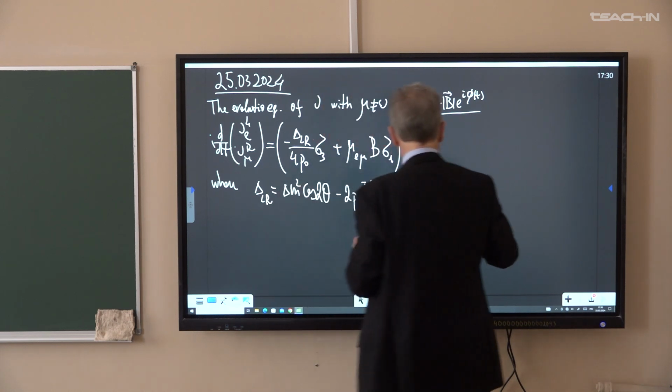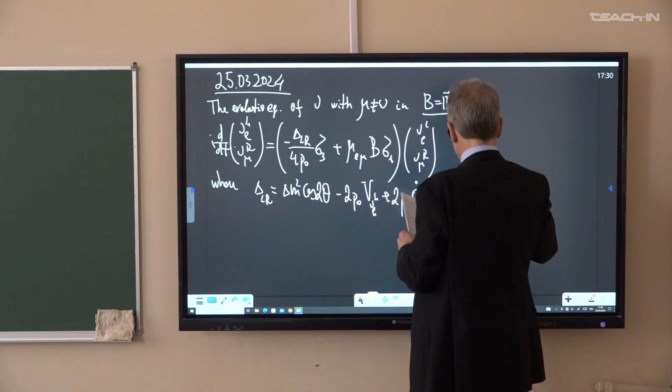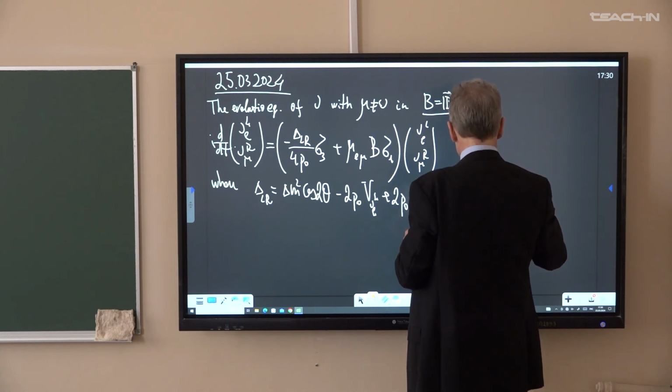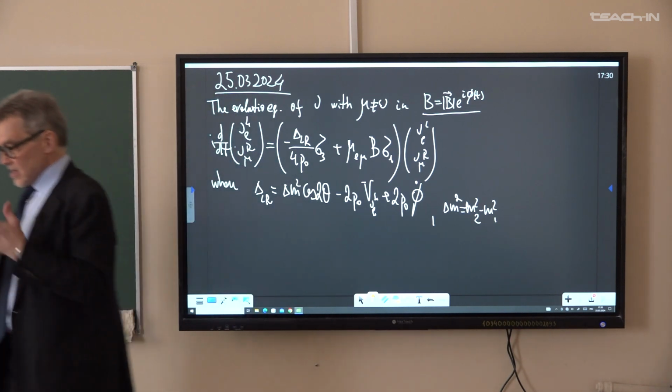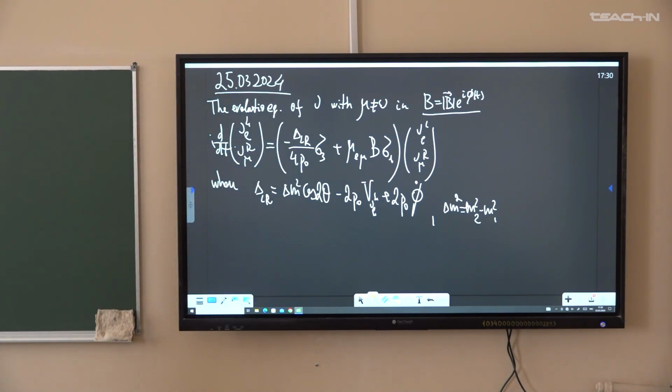Mass square difference, as usual, equals the mass squared of the second neutrino minus mass squared of the first neutrino. So this is the equation we have derived last time.